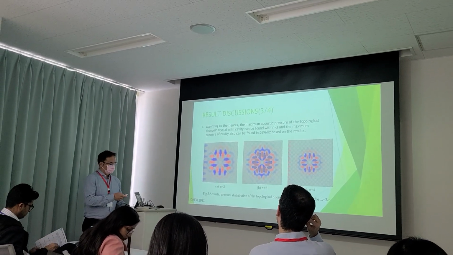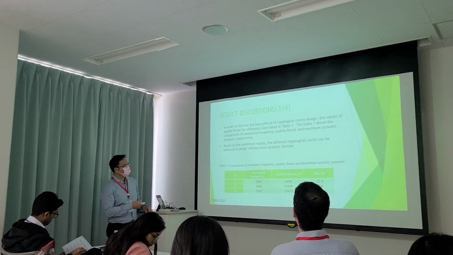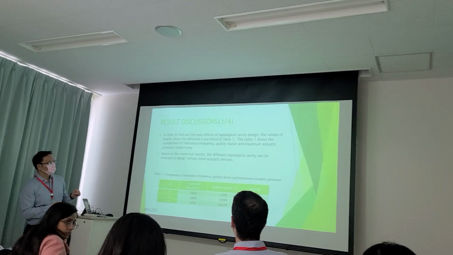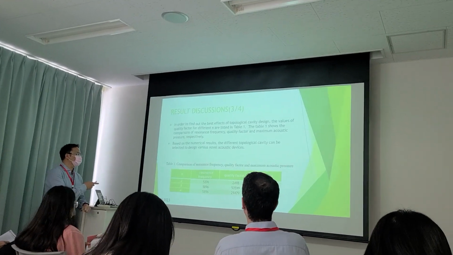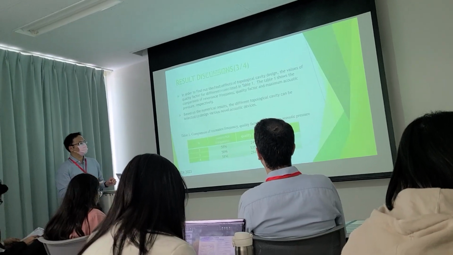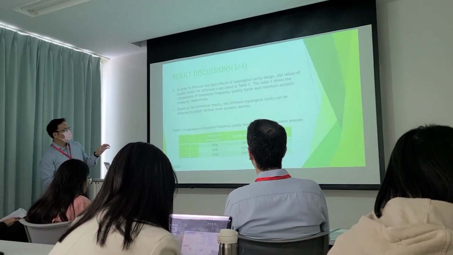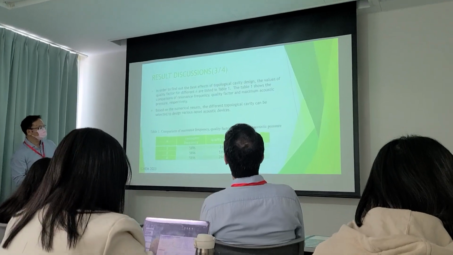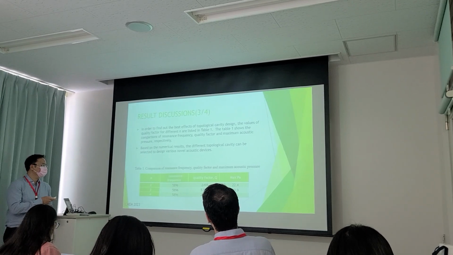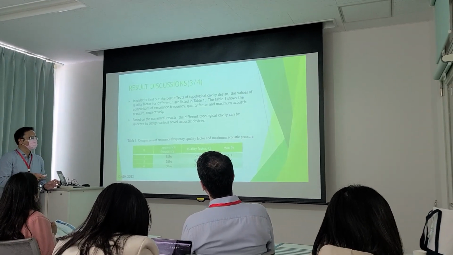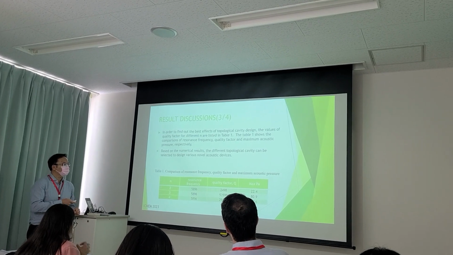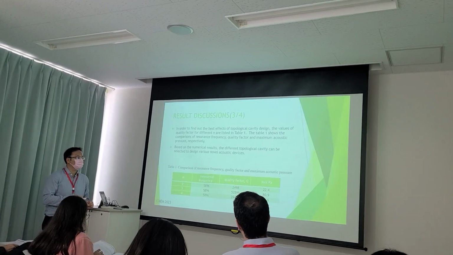This is the frequency I selected, and I choose different n equal to 2, 3, and 4. If I choose n equal to 2, the quality factor is just about 2000. If I choose n equal to 4, the quality factor is 29,000. But if I choose n equal to 3, the quality factor is much higher.